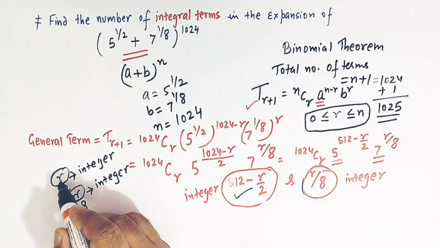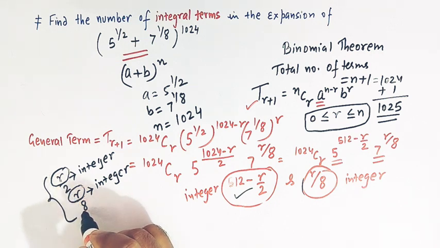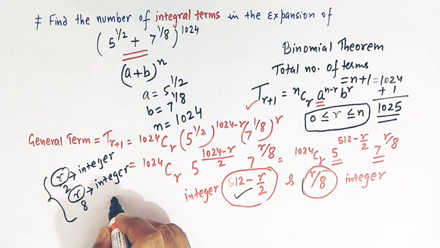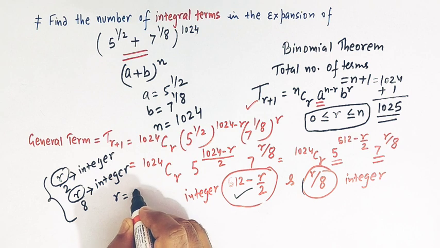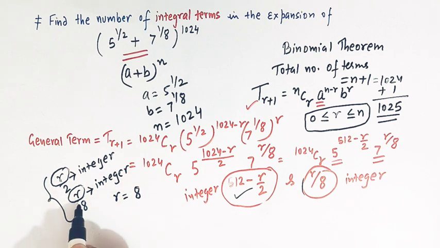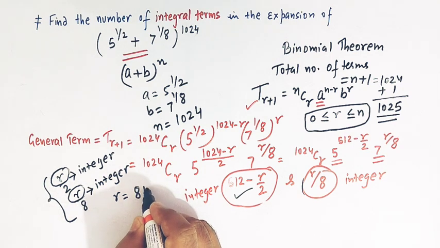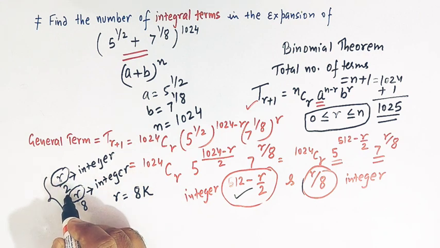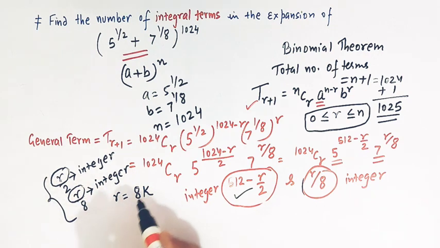If we combine these two, if r is a multiple of 8, then r over 2 and r over 8 are integers.